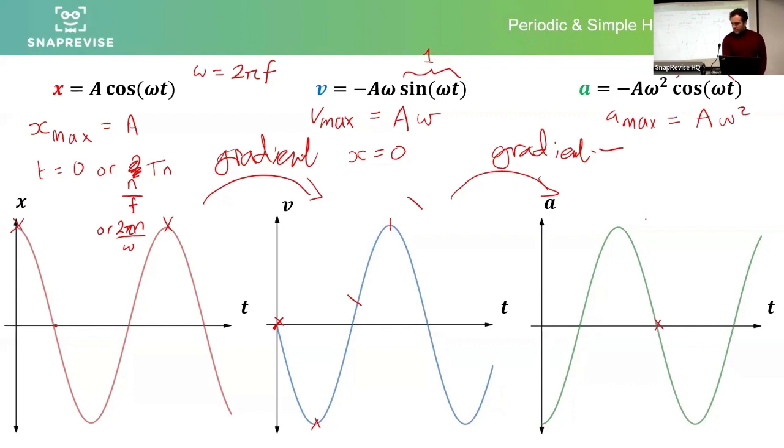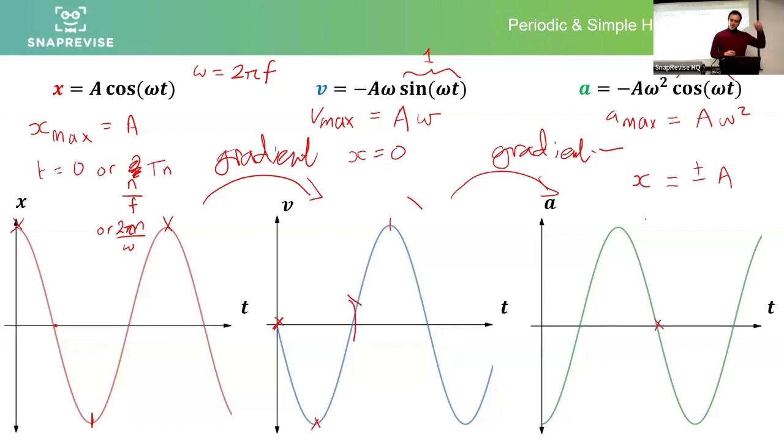And this always occurs when the maximum positive acceleration occurs when x is at its maximum negative displacement, and vice versa. So it occurs when x is equal to -a.